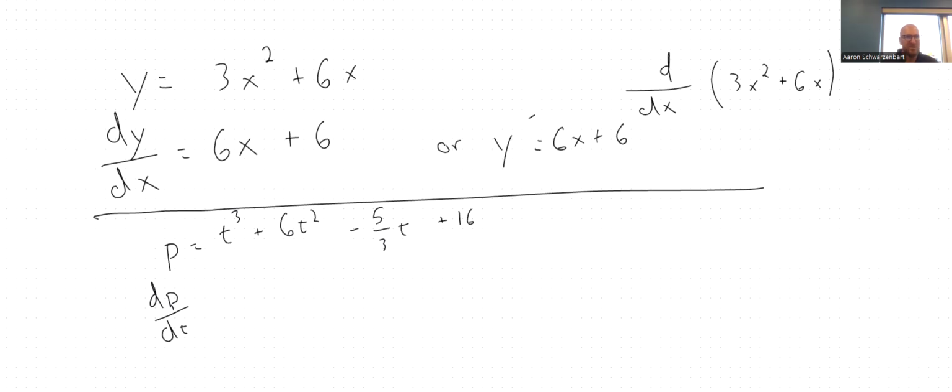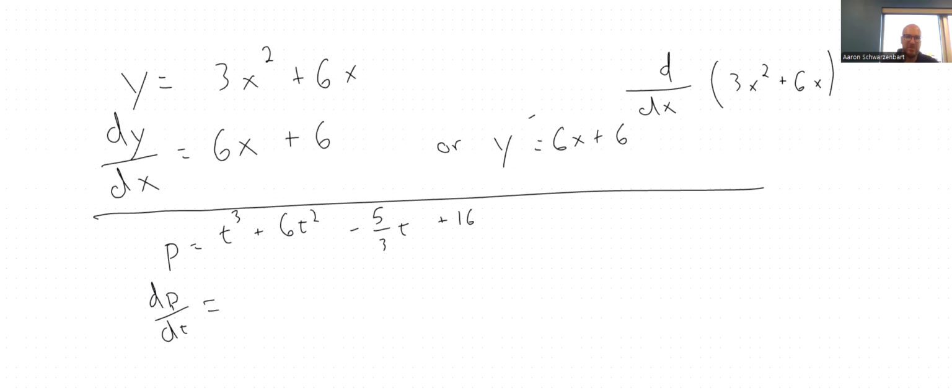I'm giving you a little intro to this because we're going to need it later, like end of next week, beginning of the week after. But dp means derivative of p, or change in p, over change in t. What does that sound like? Change in p over change in t, or change in y over change in x. Slope, which is what the derivative gives you, correct?